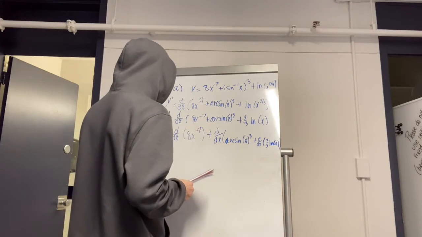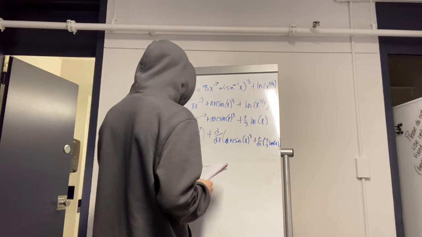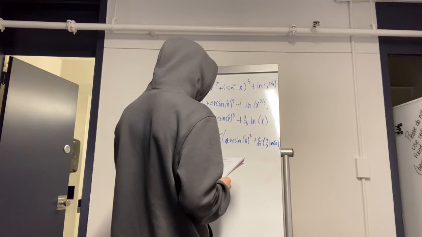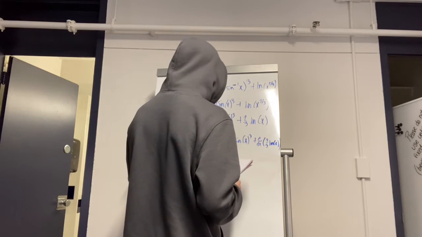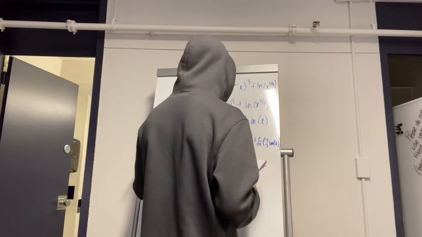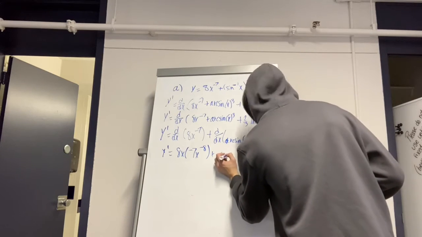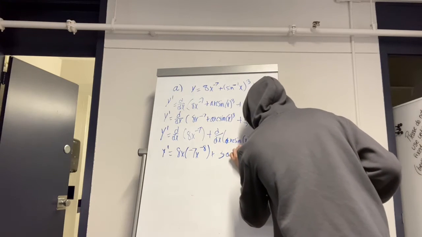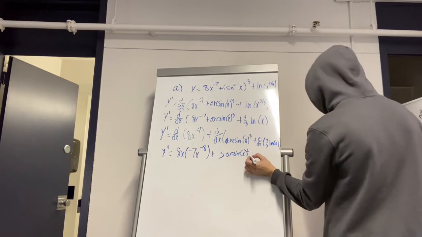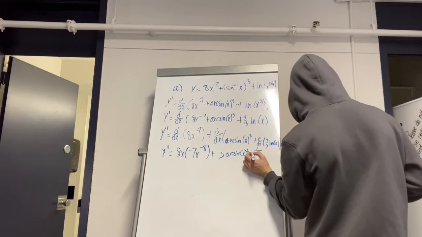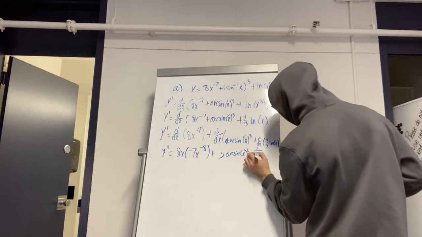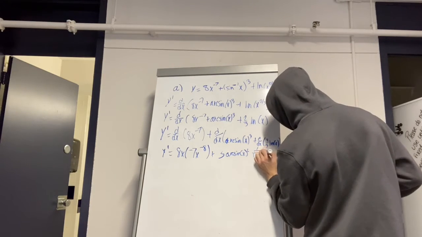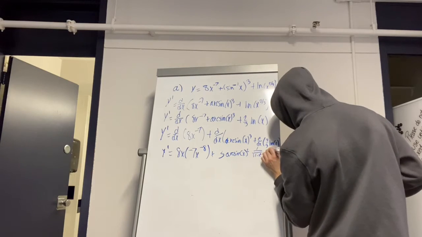So y prime equals 8x times negative 7x to negative 8 plus 3 arc sine of x squared times 1 over square root 1 minus x squared plus 2/3 times 1 over x.